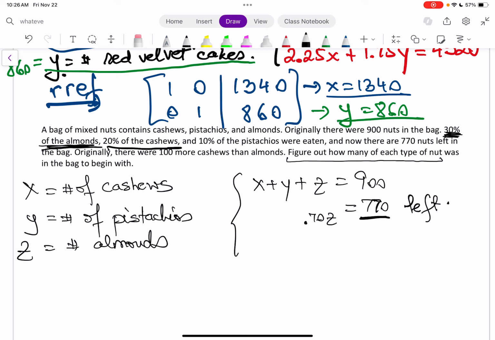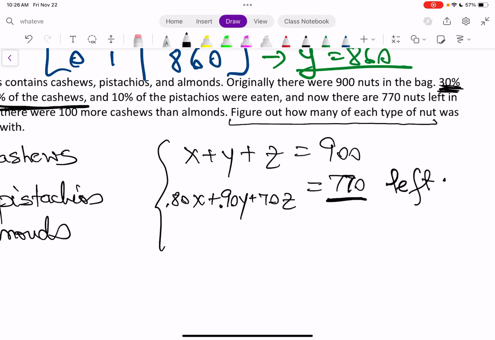20% of the cashews were eaten, so we're left with 80% of the cashews, and cashews were X. And 10% of the pistachios were eaten, so we're left with 90% of Y. Okay.